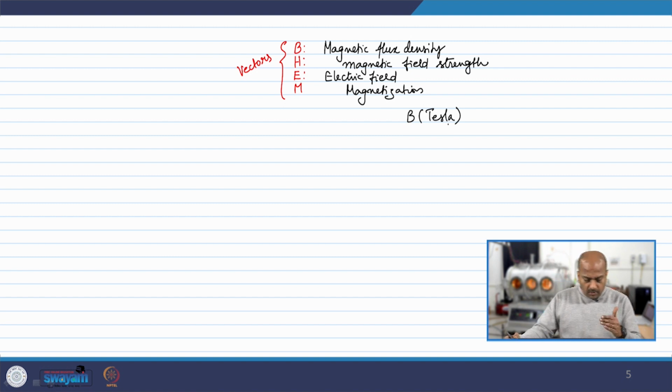So, in order to differentiate these things, it is a general practice that in addition to B, we define another magnetic field quantity called capital H, which we call the magnetic field strength, which is B by mu, the permeability of the material that we take into account.